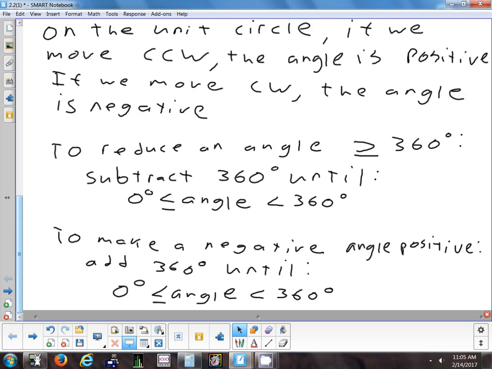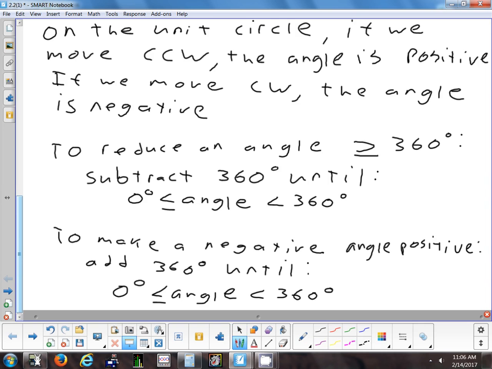Now, adding or subtracting 360 assumes that you're working with angles in what units? Think about what is 360? That's in degrees. If you want to work in radians, what is 360 the same as? Remember that? 360 is the same as 2 pi.